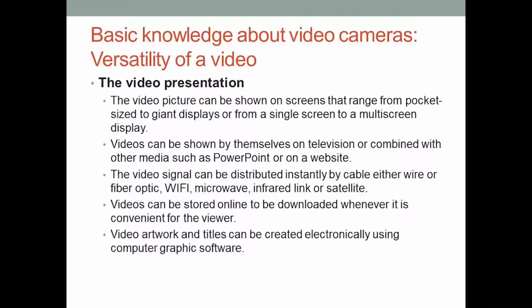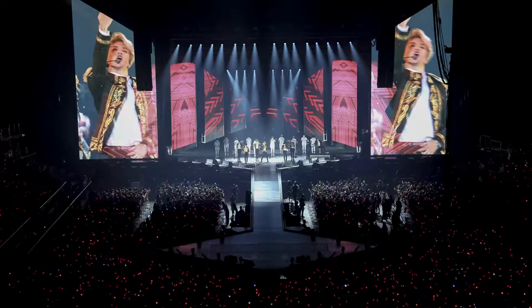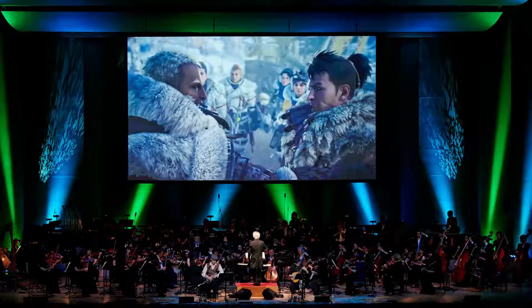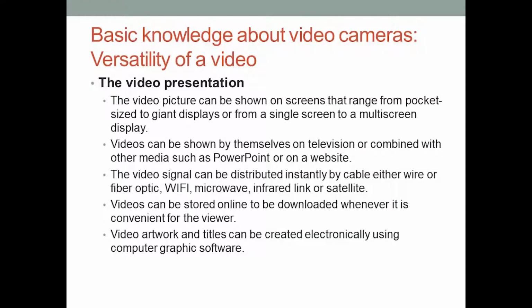The video presentation. The video picture can be shown on screens that range from pocket-sized to giant displays, or from a single screen to a multi-screen display. Videos can be shown by themselves on television or combined with other media such as PowerPoint or on a website.